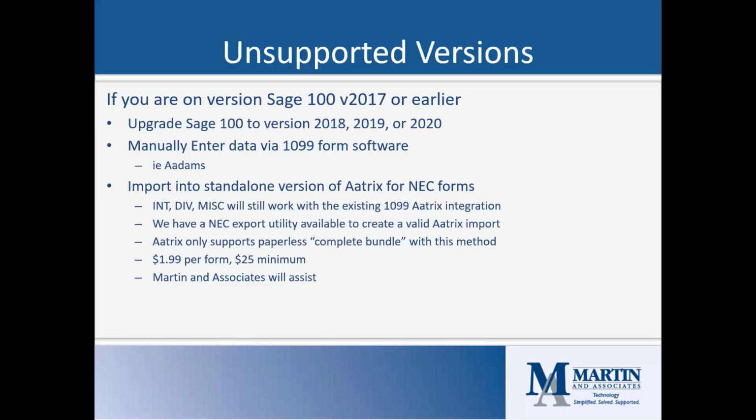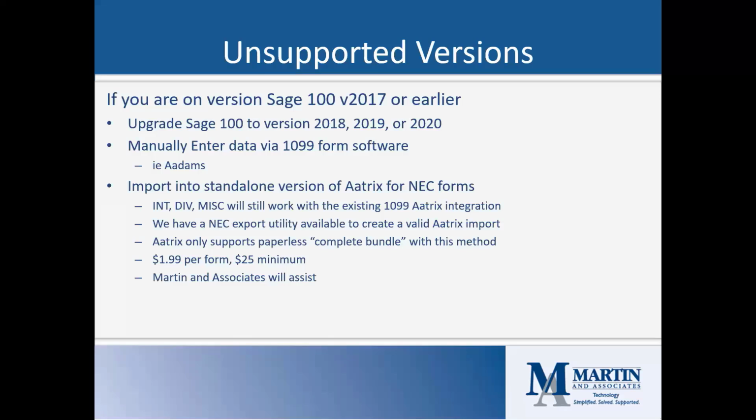I should mention that with the integrated Atrix, where you can print everything out when you click buttons in Sage, the standalone version only accepts the complete paperless bundle, which means they print the forms, they put forms in envelopes, they mail the forms, they do the red copy, and they e-file.